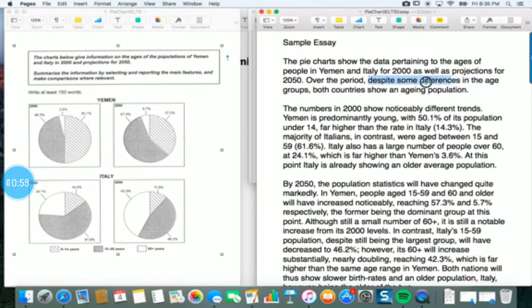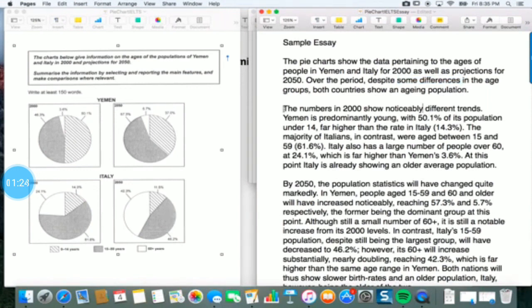Despite some differences in the age groups, because again, they're both older, but there's big differences between these two. So this is something to keep in mind for any of the tasks you write, even if the final numbers are similar, you can still highlight there are some differences, and it's great with this word, despite. Despite and a noun.